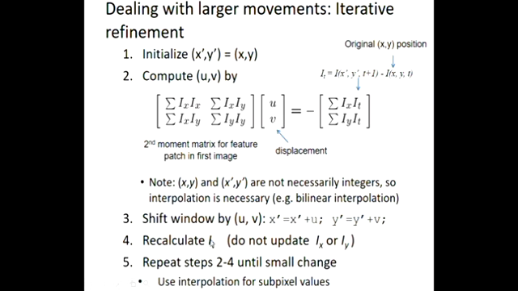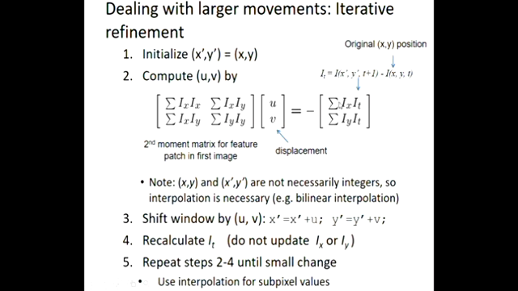I take the patch centered at x prime, y prime, at t plus 1, minus the patch I of x, y, t. So only the difference of intensity over time is updated.